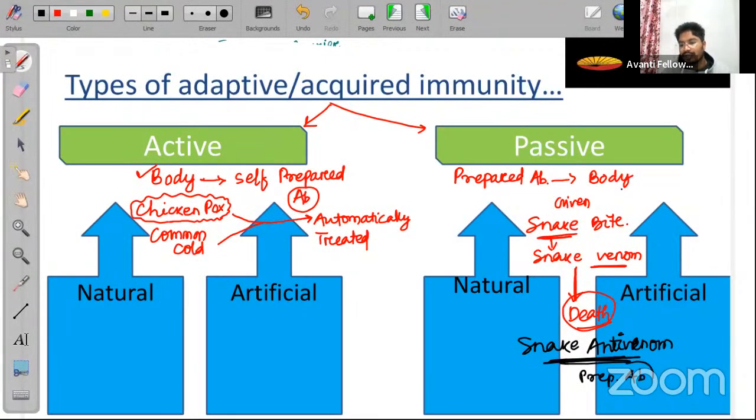Is that clear to everybody? Prepared antibody will be there, and now we can get treated.